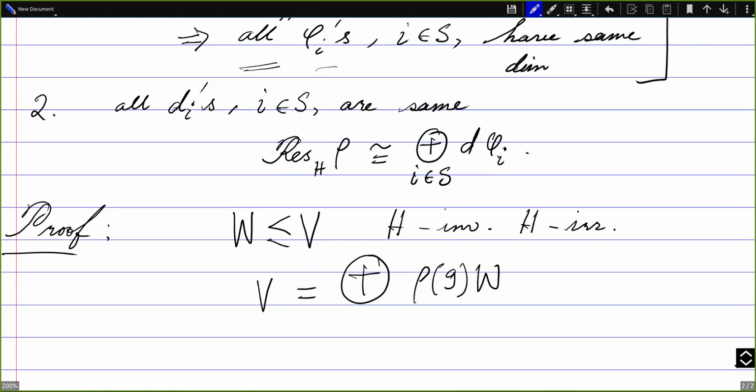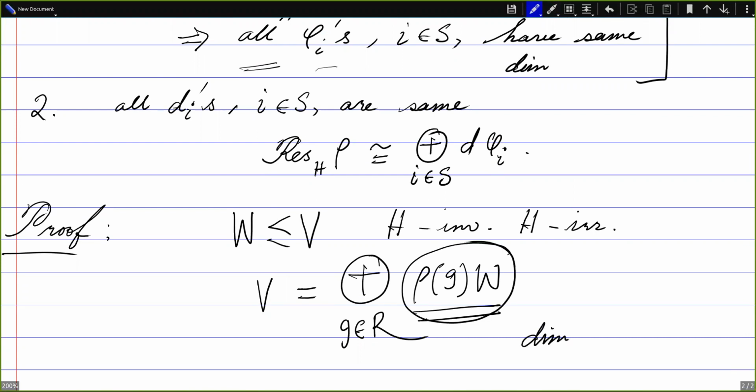Let R be the set such that V is the direct sum of them. We should remember that each of them, being isomorphic to W, has dimension the same as that of W, and each of them is irreducible.